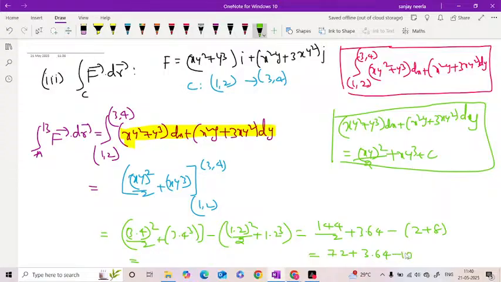What is the result? So the result is 254.